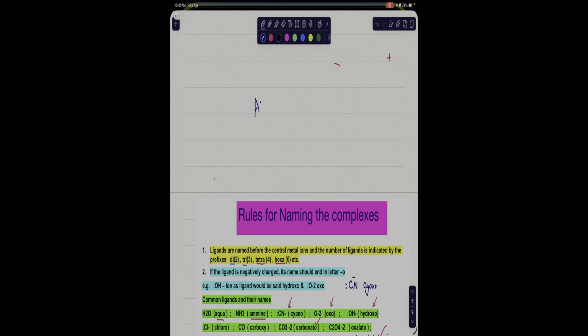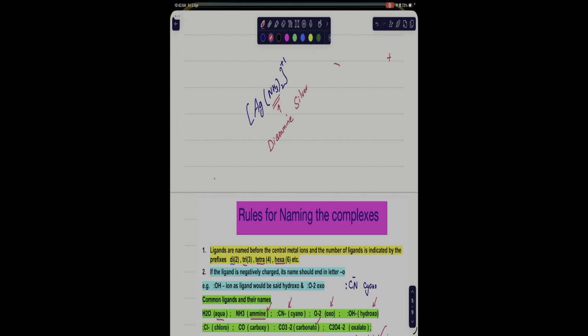Ag with 2 NH3, and there is +1 on the top. As you can see, there are 2 ammonia ligands present in this complex. Because there are 2 ligands, we have to say di, and NH3 as a ligand is called ammine. So the name of this complex is going to be diammine, and Ag stands for silver, so silver, and the oxidation number is +1.